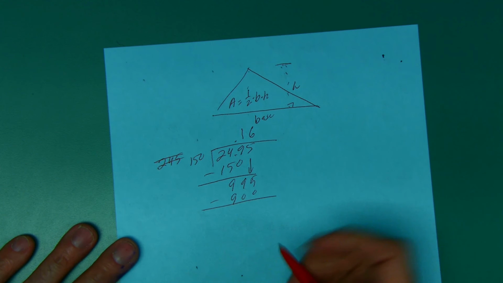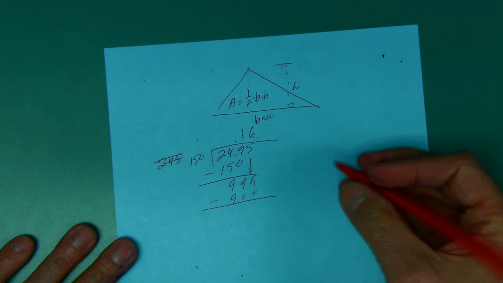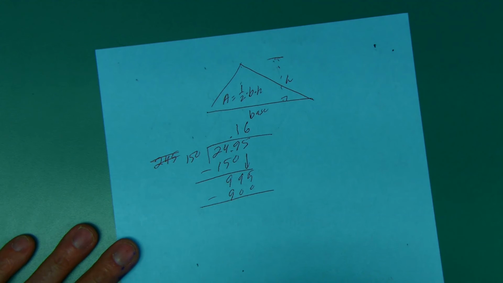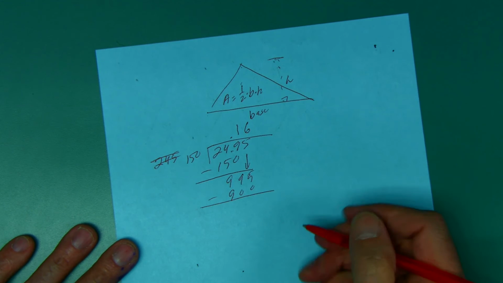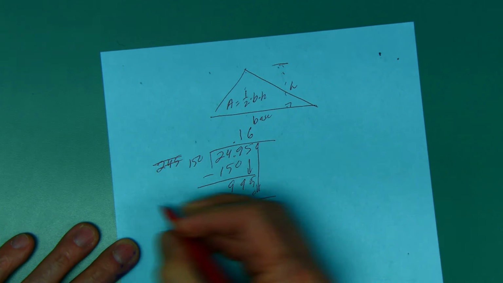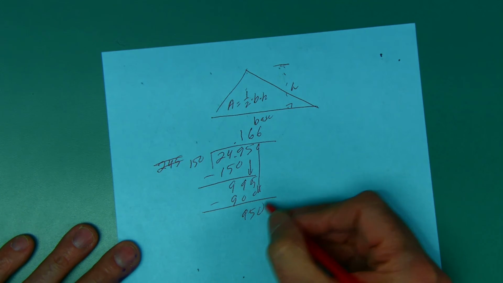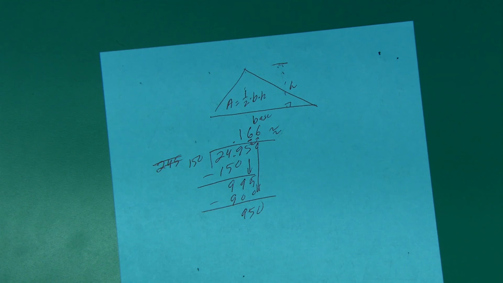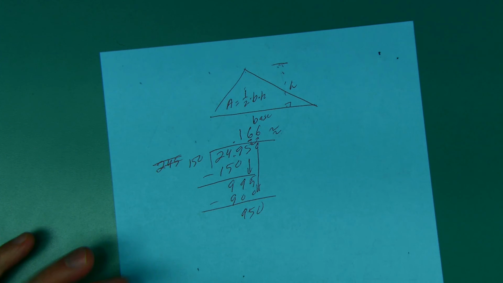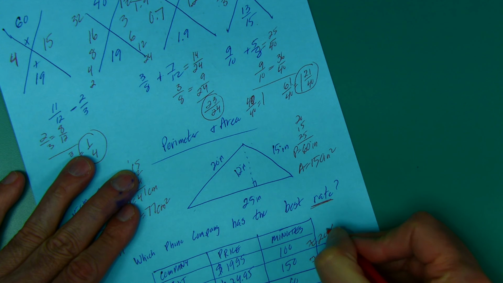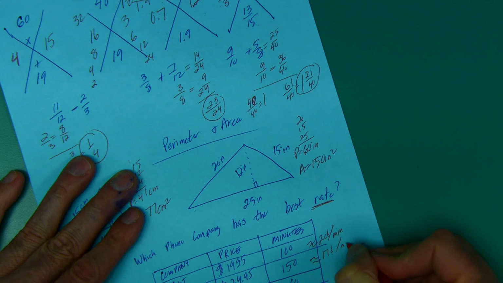Okay, now if you don't know that, then you got to come over here and play with it a little bit and say 150 times 6, 150 times 8, and sort of guess and check, and then sometimes you change it. Okay, so I'm going to subtract. I get 95. What do? Add a 0. Okay, and that's going to be another 6, right? So this is going to be about, because that is a 6, and to the right of that 6 is a 5 or bigger. Remember how you round? That's going to be about 17 cents per minute. And I'm using cents instead of the decimal, right? These are whole. So that's what we got so far.